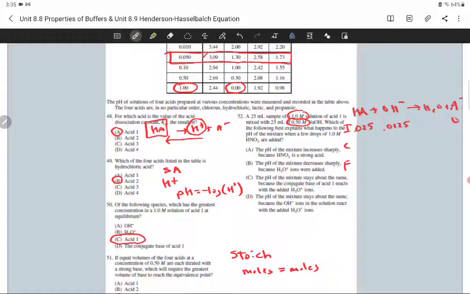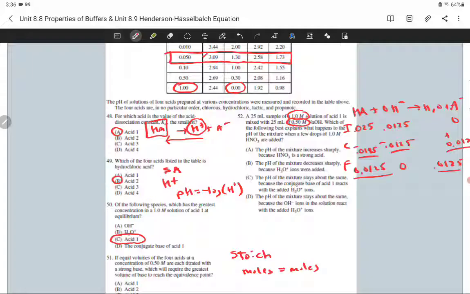That's special because that's going to make a perfect buffer. So we're going to have 0.0125 HA left over, and we have 0.0125 A minus that we made.